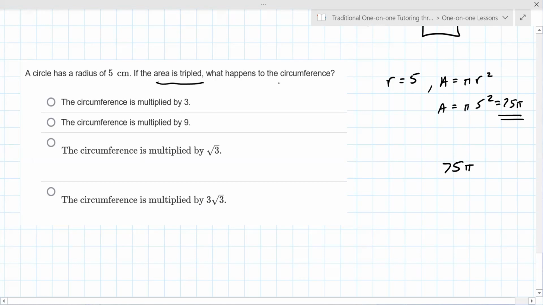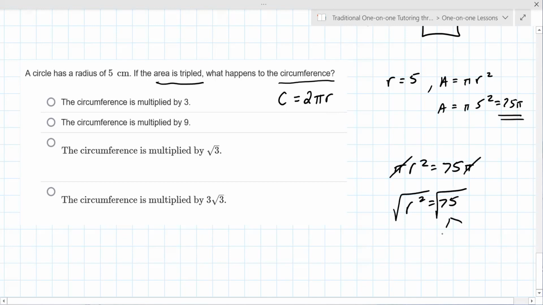Okay. And now we want circumference. What's the formula for circumference? It is 2 pi r. So we need the radius. The area is pi r squared. See how the pi's cancel and r squared equals 75? What is the square root of 75? Can you reduce that for me?